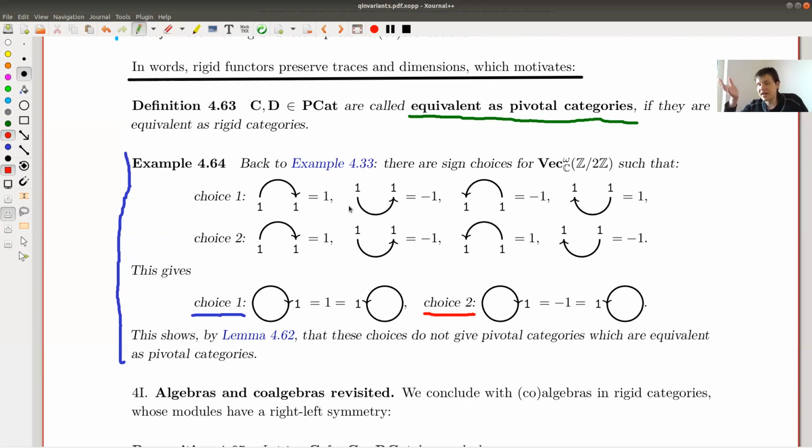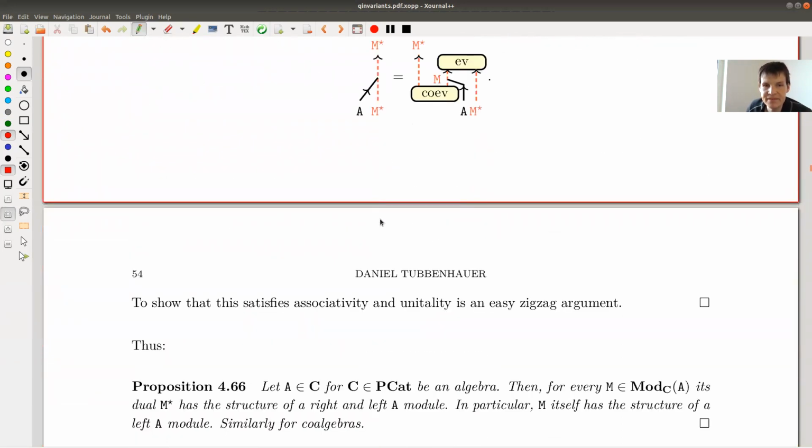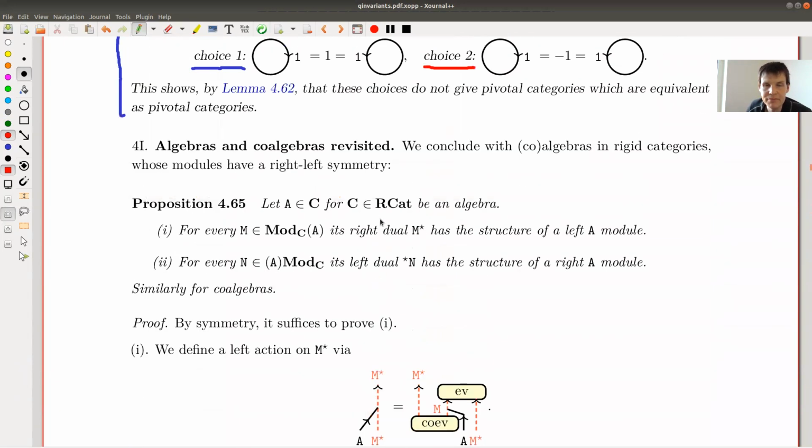So you have to be a little bit careful, because you can choose scalars on the level of morphisms for co-evaluations and evaluations. These are the last two statements, and I will come back to this later because it's really cool.